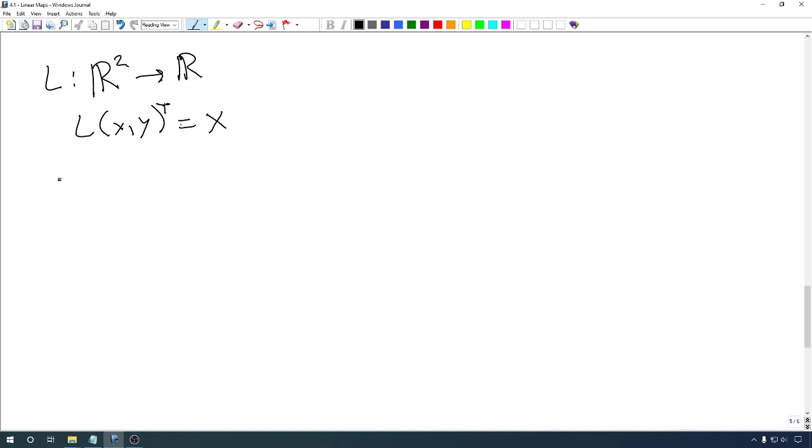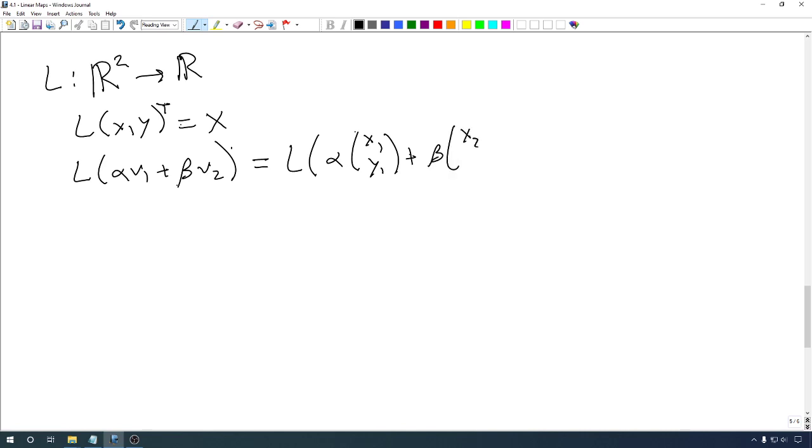We could go through all the same ideas. If we take alpha v1 plus beta v2, like we did in the previous example of this kind of stuff, this would be alpha times (x1, y1) plus beta (x2, y2).